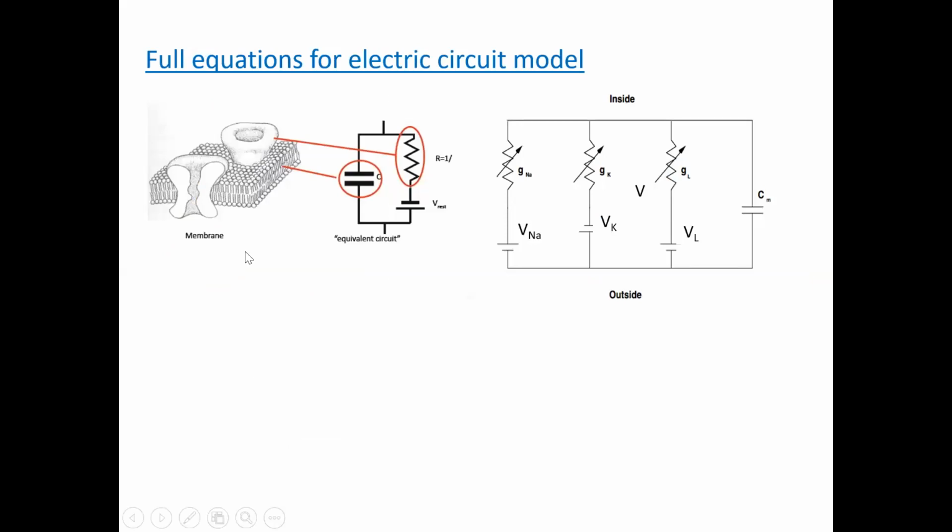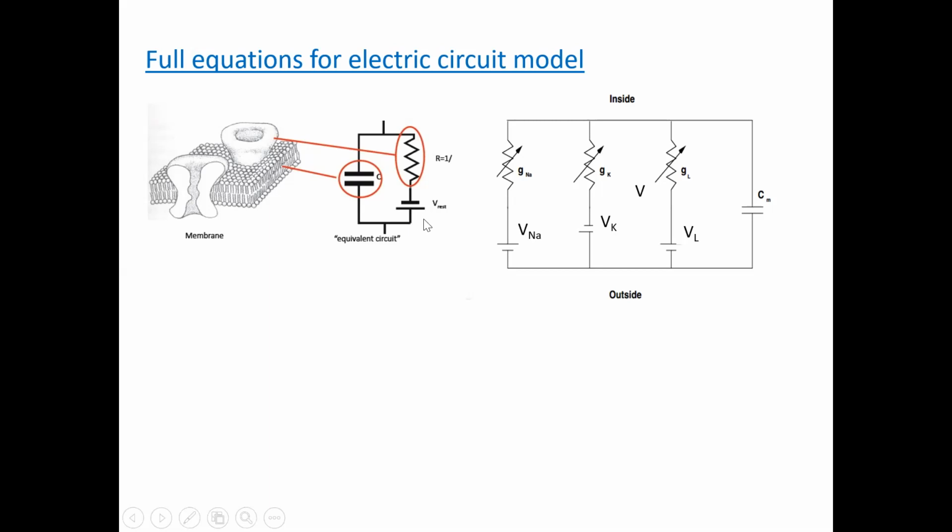Well, we start with our electric circuit model, where the cell membrane, or the axon membrane, is modeled as a capacitor separating ionic charge on either side of the membrane, and where the ion channels are modeled as conductances or resistors, and where the Nernst potential, the tendency of ions to move back and forth, is modeled as a battery.